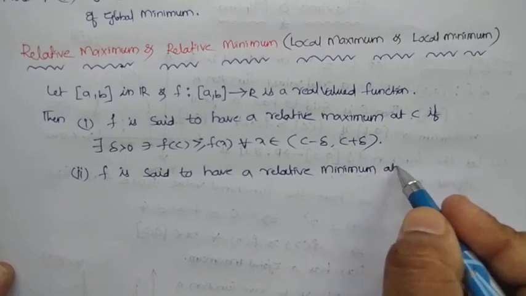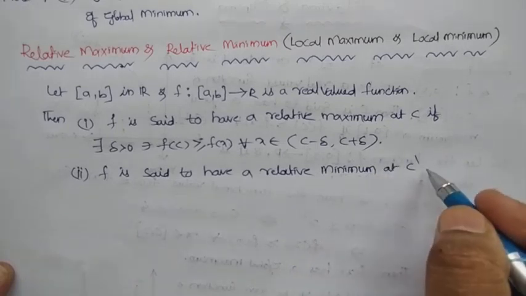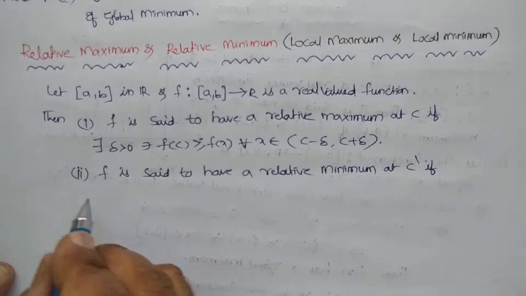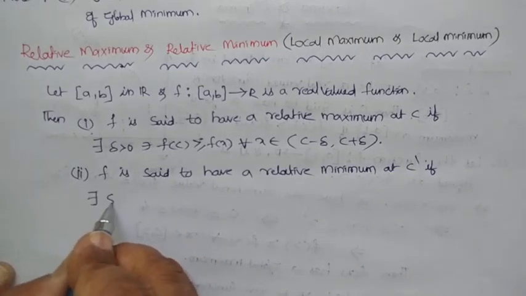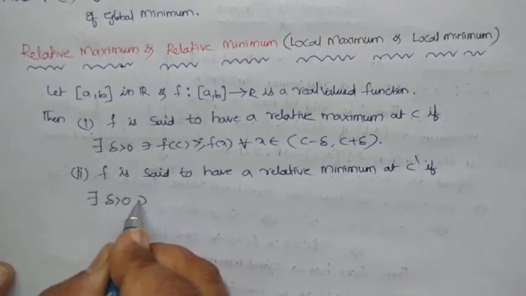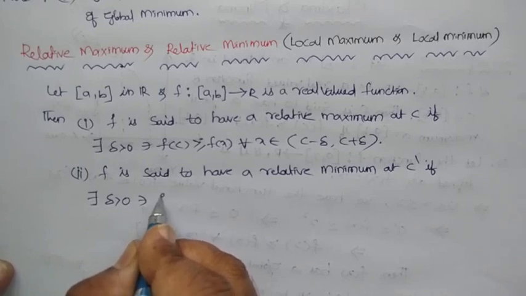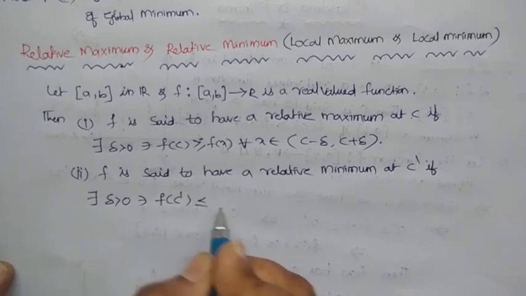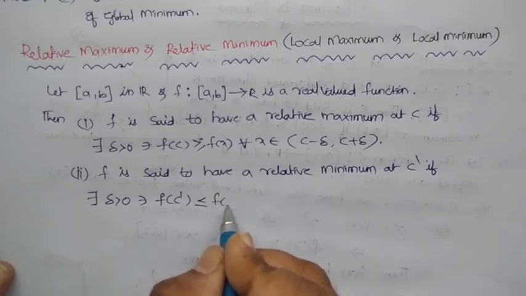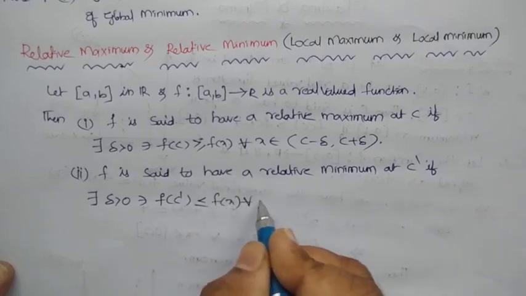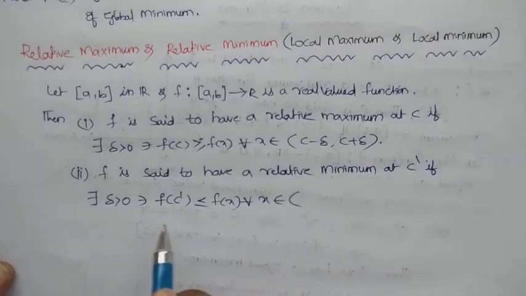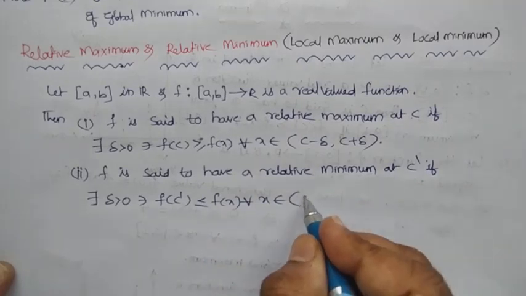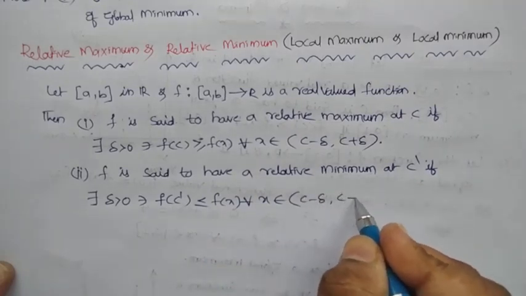Suppose c dash is such that there exists some delta greater than 0 such that f of c dash is less than or equal to f of x for all x belonging to the neighborhood of this point of global minimum, that is c minus delta, c plus delta.